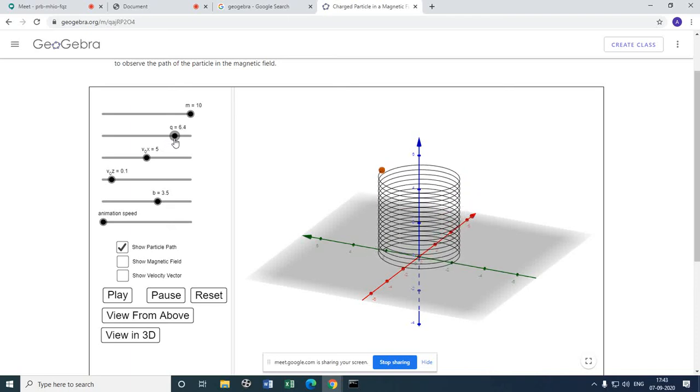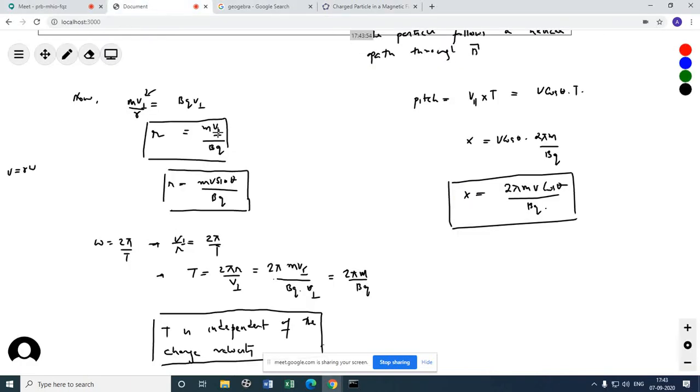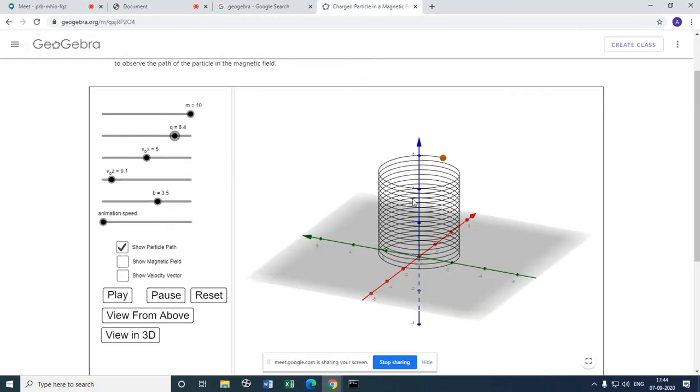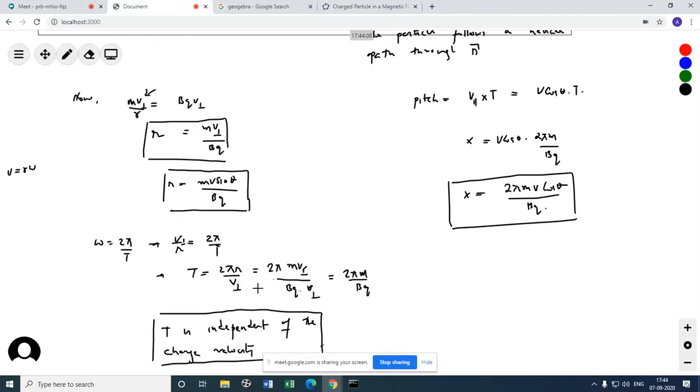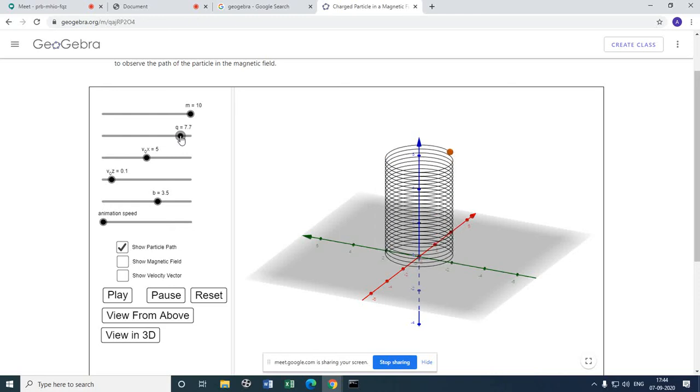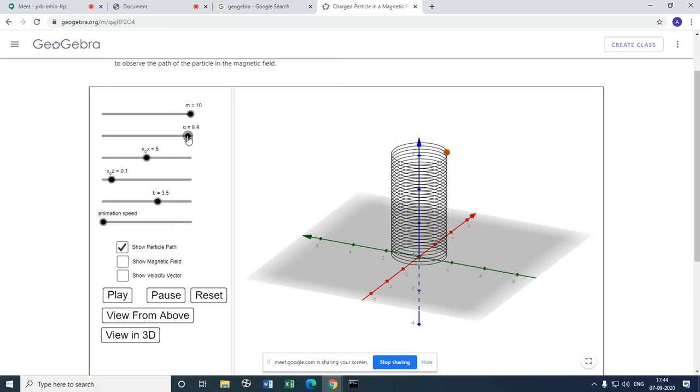Increasing the charge increases the frequency. If the charge increases, the time period reduces, right? And what about the path radius? If charge increases, R decreases. So as I increase to 6.4, 6.57, the radius of the circular path is decreasing.